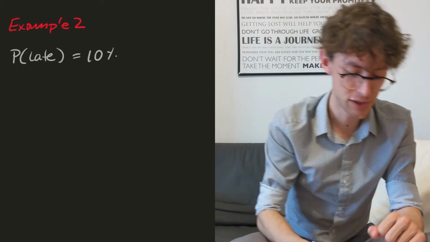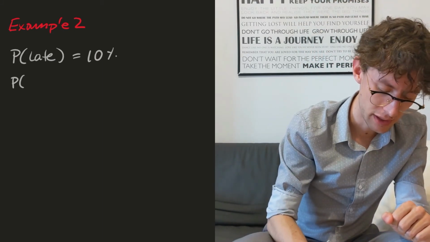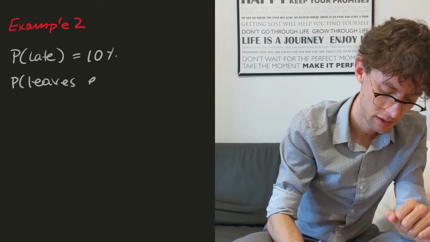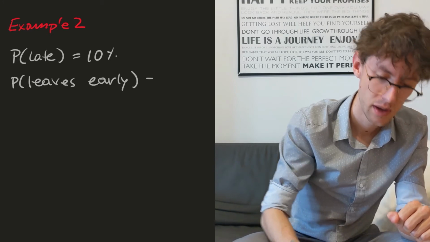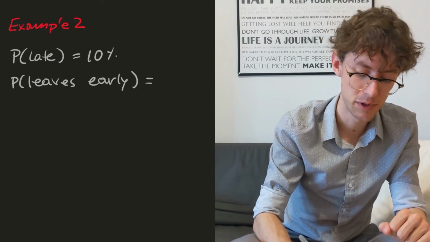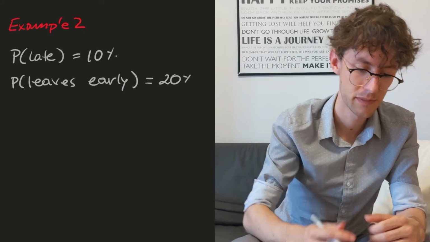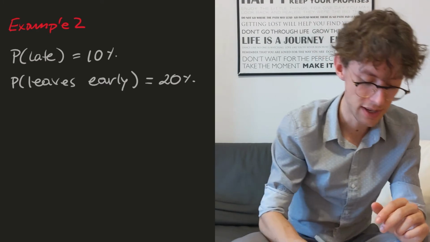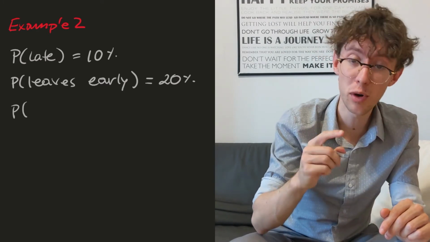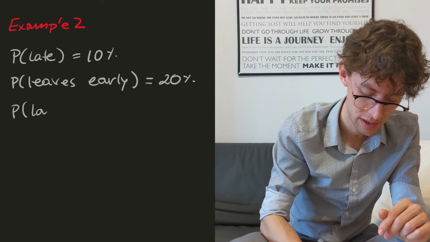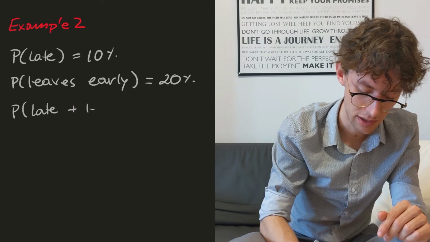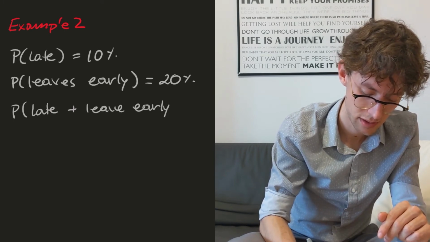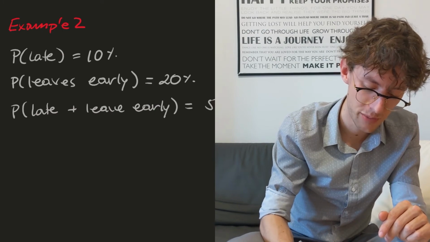And on each day, there's also the probability that he leaves early of about 20%. And there's also a probability on each day that he will both arrive late and leave early, which is equal to 5%.